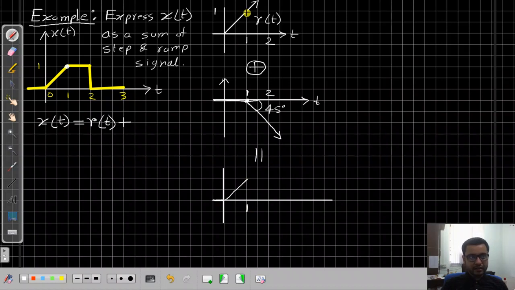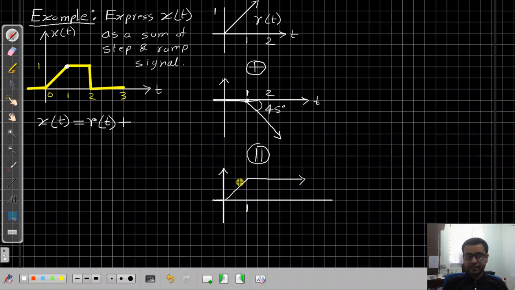After that, this signal continues to increase with a slope of 1, and this signal starts to decrease at the same but opposite, negative slope. So this increment and this decrement will cancel each other, resulting in a flat signal like this. So this is the result of adding these two signals.